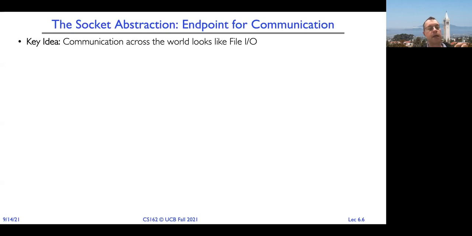Pipes, again, are how you communicate between two processes on the same machine. Here, sockets are about how two processes on different machines communicate with each other. But they are very similar. The abstraction is very similar, and it looks like a file. And this kind of abstraction for communication is called a socket, right?